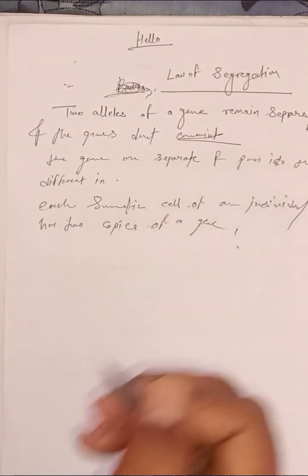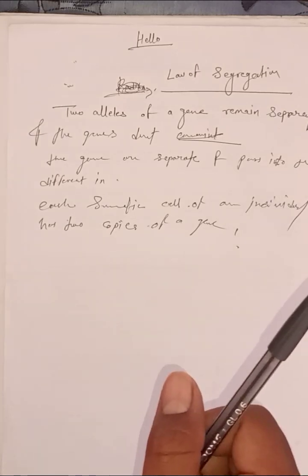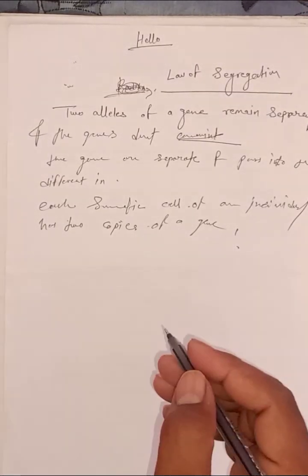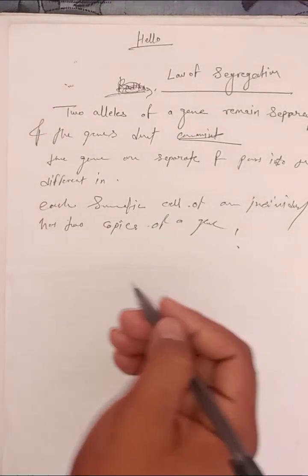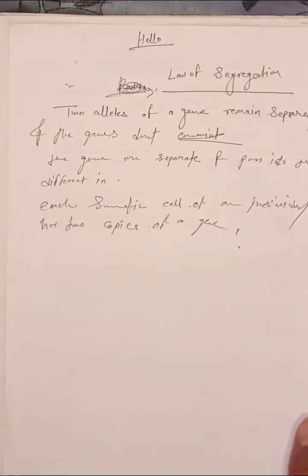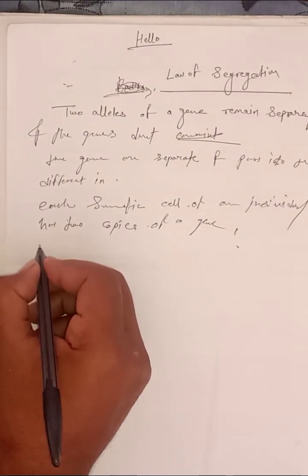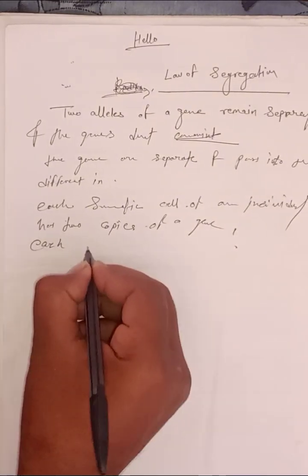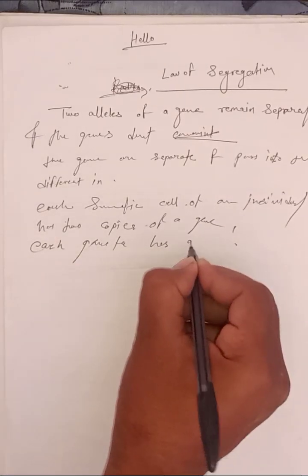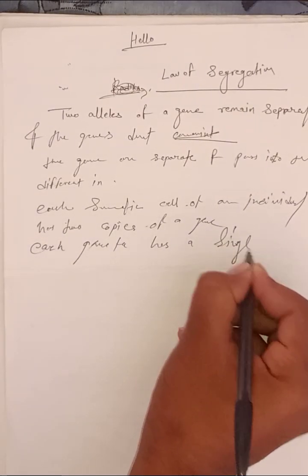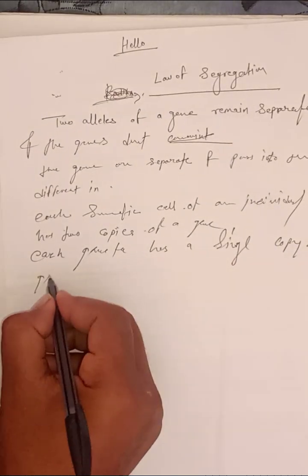As you already know, a somatic cell is a diploid cell and has two copies of genes, and a haploid cell has one copy of a gene. So here each gamete has only a single copy of the gene.